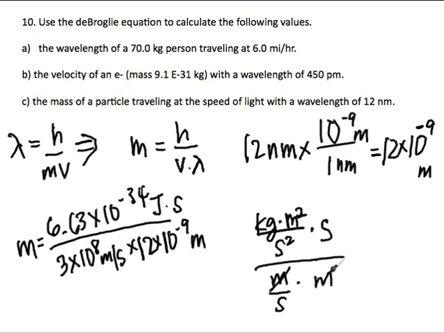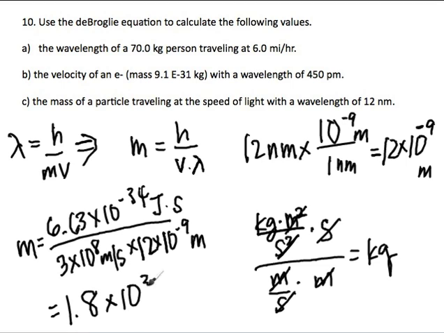So the meters cross out, and the seconds also cross out, and we're left with kilogram, the mass. So if we calculate using our calculator, we'll get 1.8 times 10 to the negative 34 kilogram.